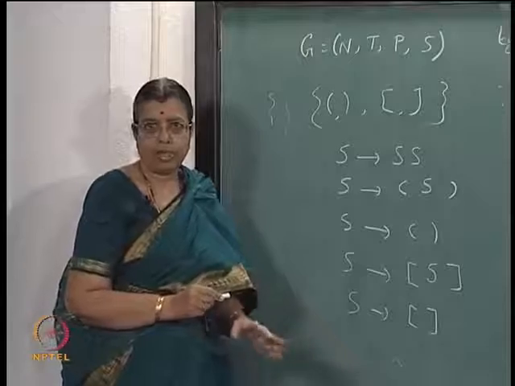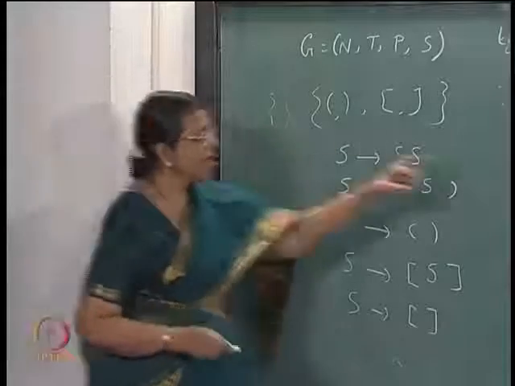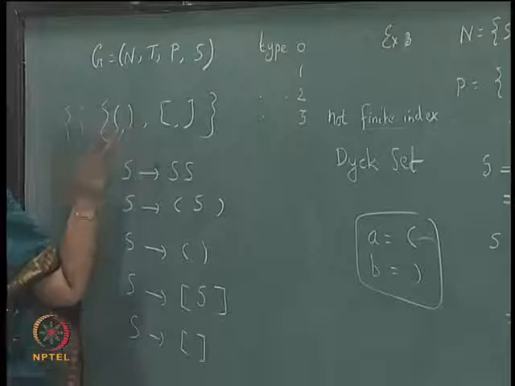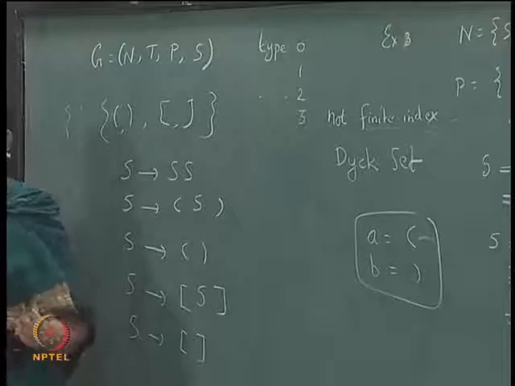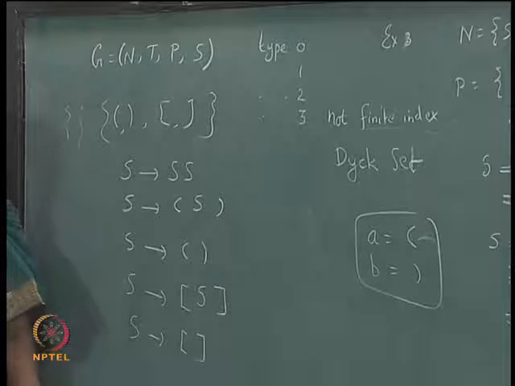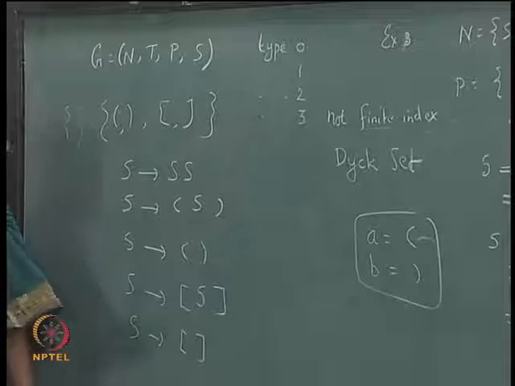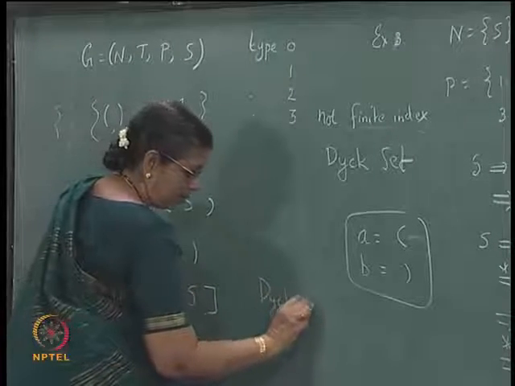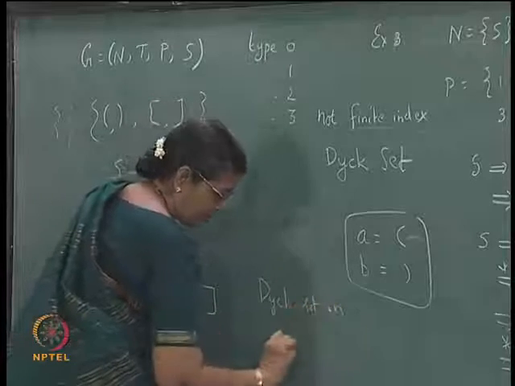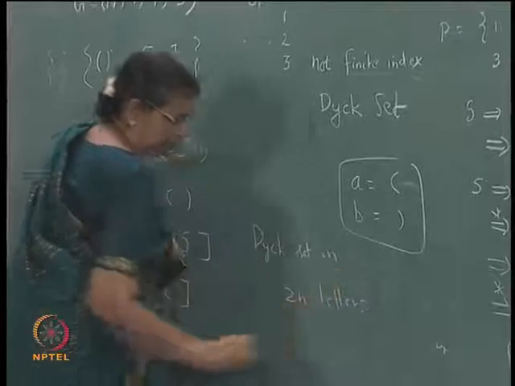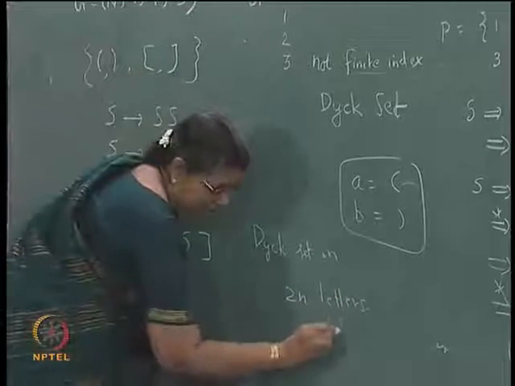That's all. So this is called Dijkset on 2 letters. This is called Dijkset on 4 letters. Generally you have Dijkset on 2n letters. N types of parentheses you have. Dijkset on 2n symbols.